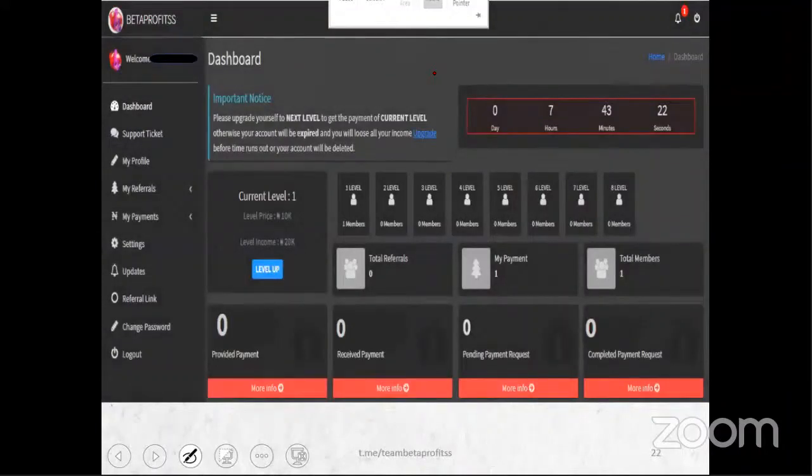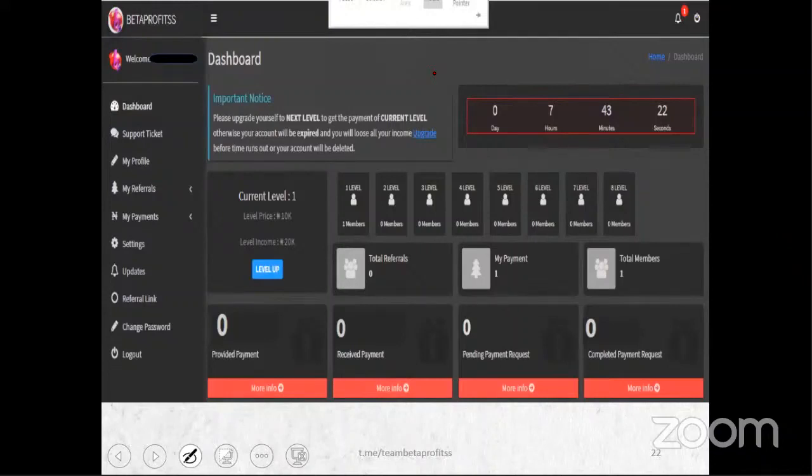But before you go into that level number 3, there's something I want you to always take note of. Remember we said that you should always upgrade once you receive your money, once you receive your first 2 payments. Now, remember I showed you this as your dashboard before.